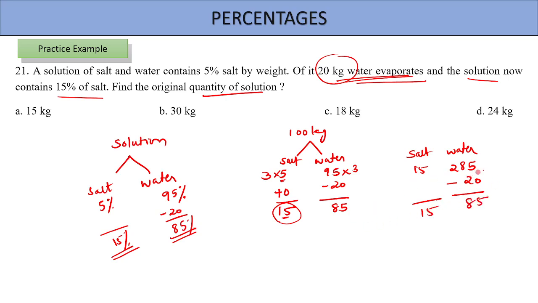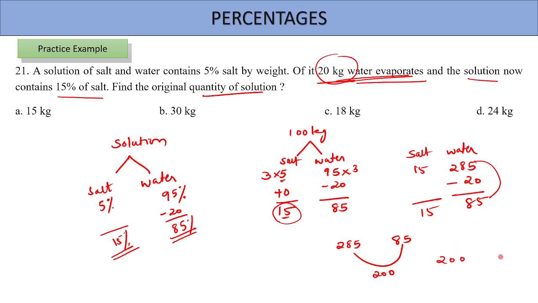From this I have to remove 20 so that I should get 85. So now you see, I initially have 285 quantity of water, and now after removing, I am getting 85. But actually, what is my reduction? My reduction is 285 minus 85, which is 200.